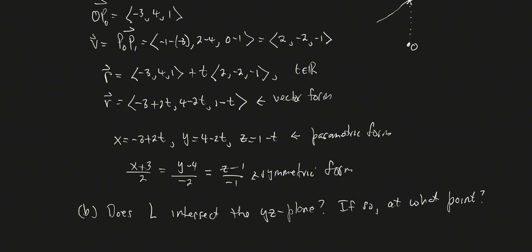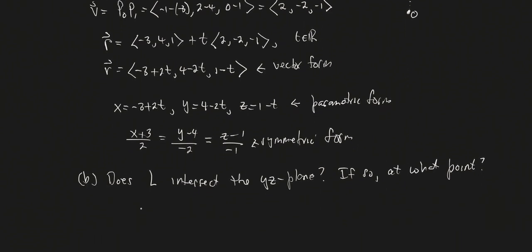So we have this line, and we know it extends indefinitely in a certain direction. That direction is defined by the direction vector here. We know the point that it passes through. We now want to know, does that line intersect with the YZ plane? Well, let's think about it.